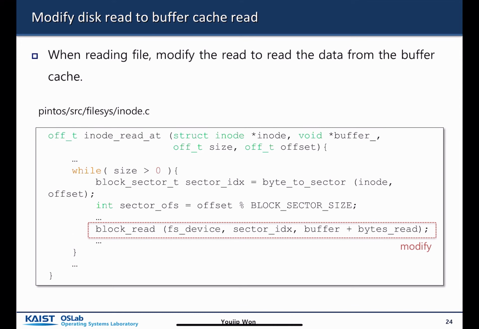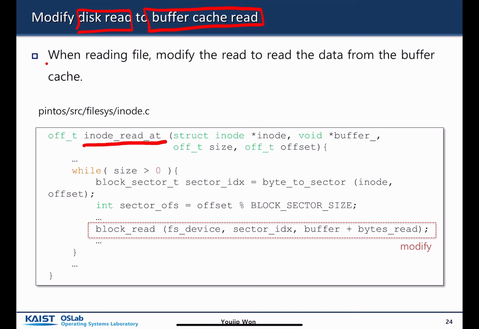So we have to modify the disk read to a buffer cache read. The function we have to change is inode_read_at. So we have to modify the block read.